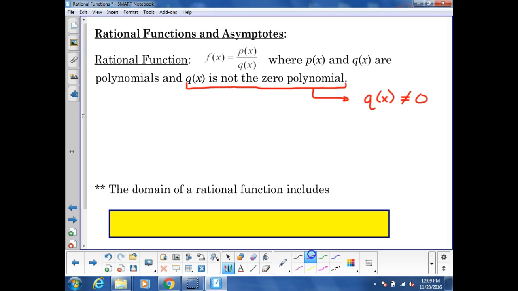P of x and q of x are polynomials. What does that mean? What's a polynomial? What do you think a polynomial is?